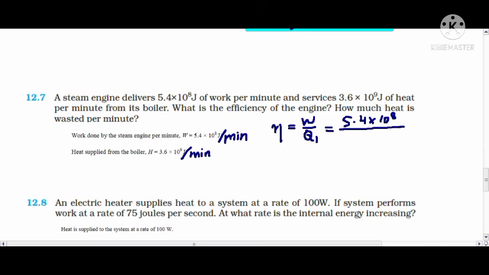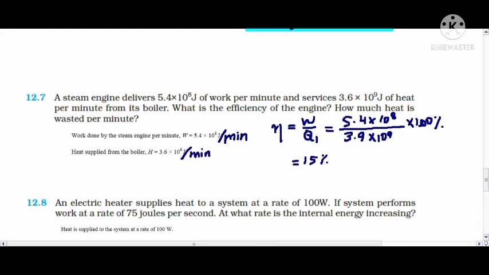And the total heat absorbed, we have 3.9 into 10 power 9. So when you multiply by 100, you will get the efficiency in percentage, and you will get the answer around 15%.